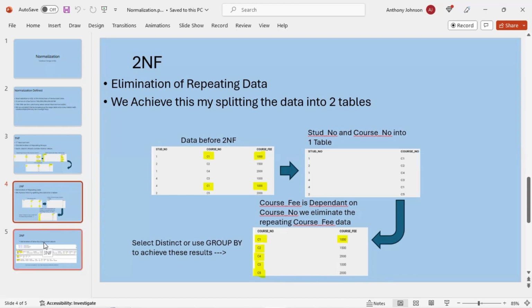And that is second normal form because we are eliminating repeating data. We don't need this, and it's repeating a multitude of times. Imagine if this was a million rows, you just have this column over here. Not only does it suck up resources, it's just not conducive to keeping data and its integrity intact.